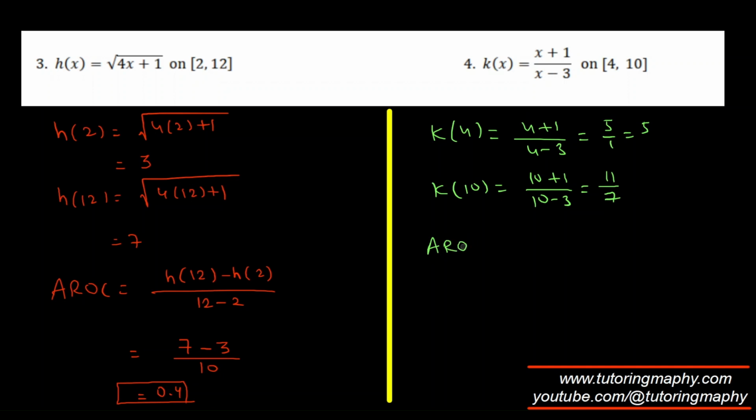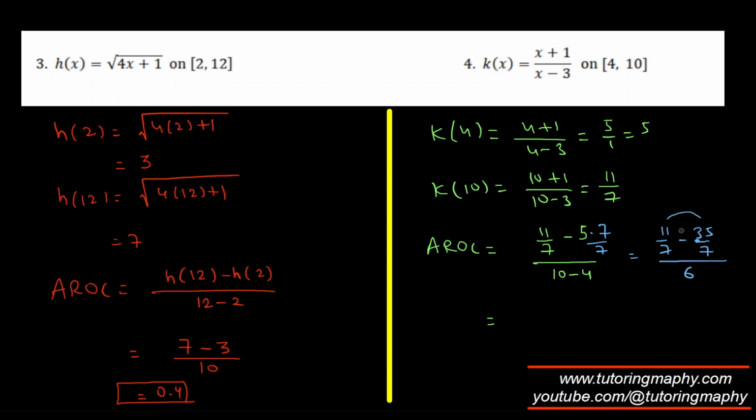So AROC will be equal to k of 10, which is 11 over 7, minus k of 4, which is 5, over 10 minus 4. So that's going to be 11 over 7 minus 5. So I'm going to take a common denominator, right? I'm going to multiply this by 7 and divide this by 7. So that's going to look like 11 over 7 minus 35 over 7, and 10 minus 4 is anyway 6.